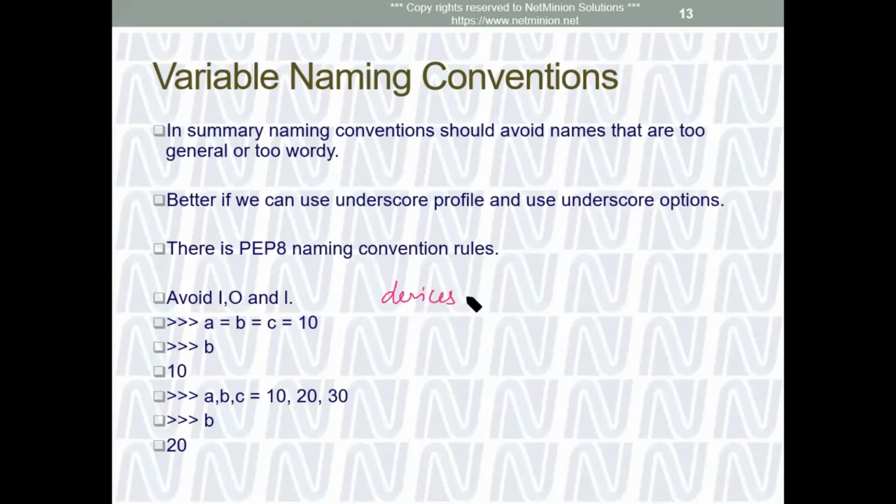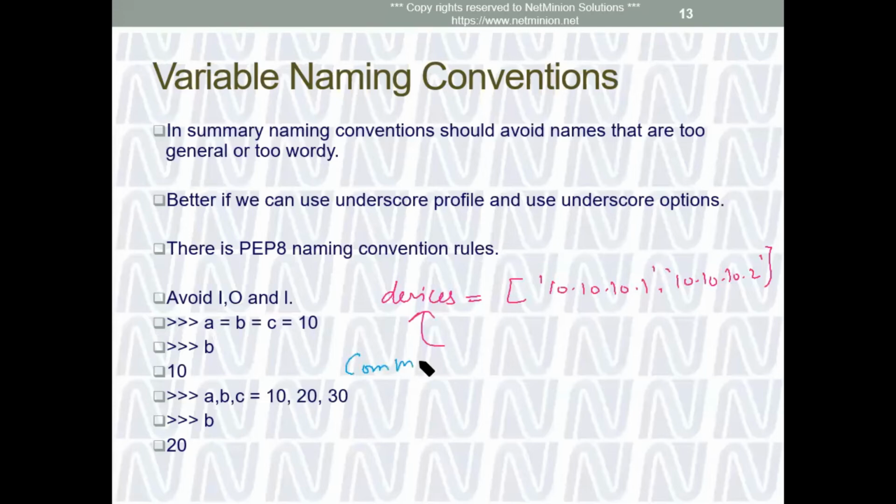Like, there is a list which is stored in devices. Here I am just using the IP addresses 10.10.10.1, 10.10.10.2. What is this? A variable. By checking the variable name, I am aware that I am providing the list of my devices.